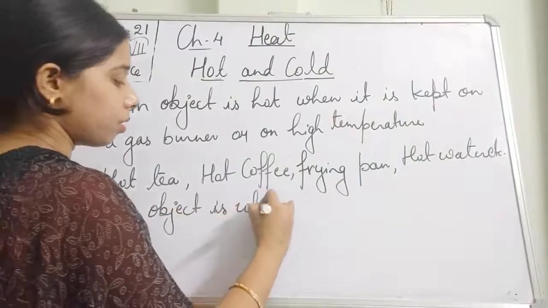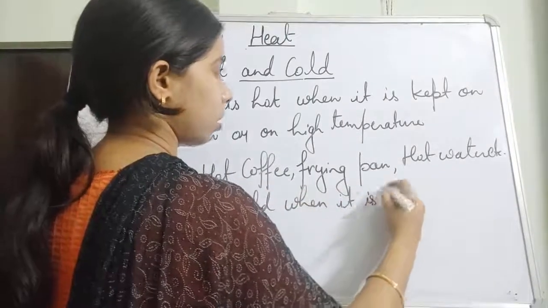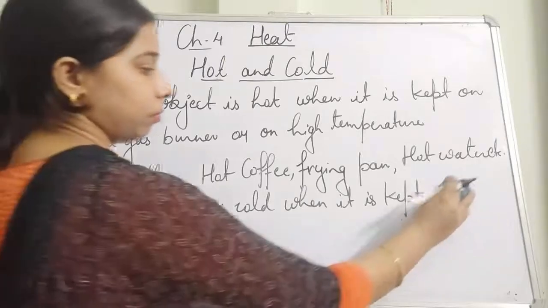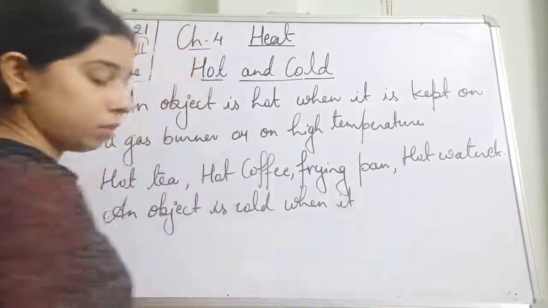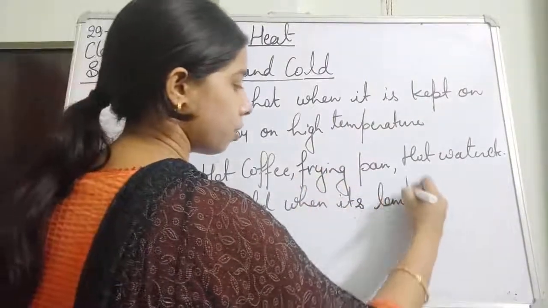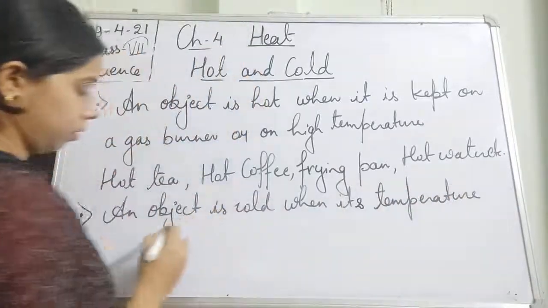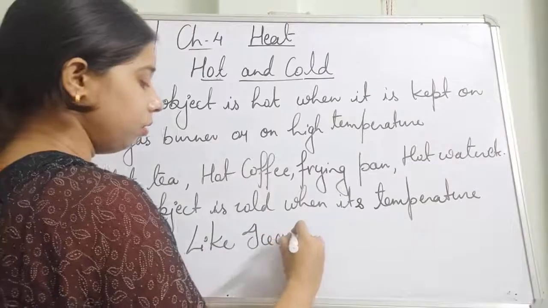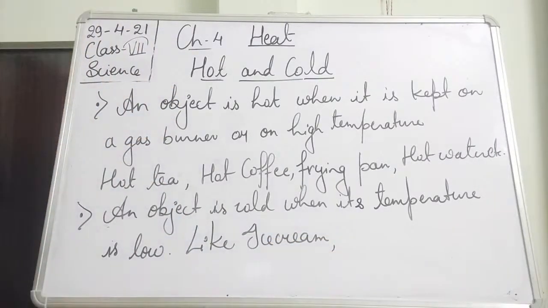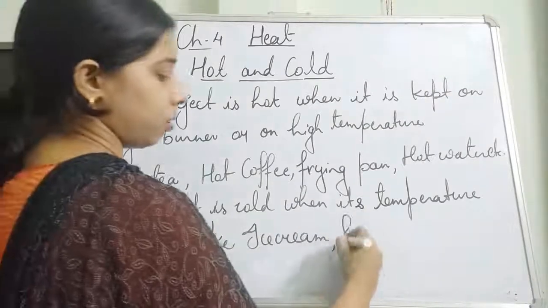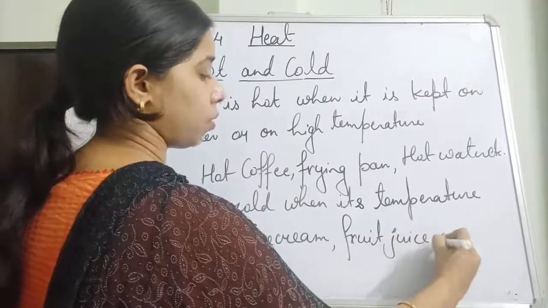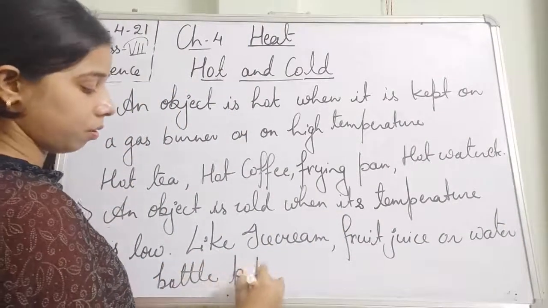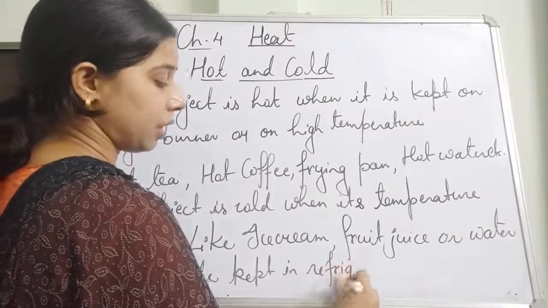And an object is cold when its temperature is low, like ice cream, fruit juice, or a water bottle kept in a refrigerator.